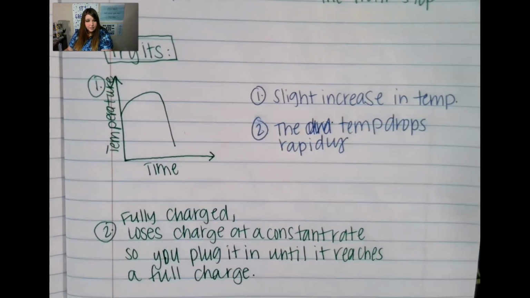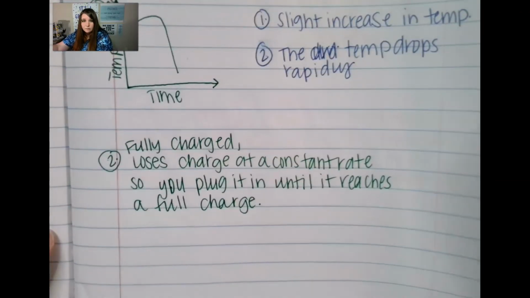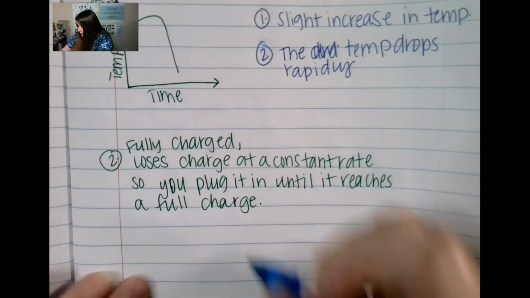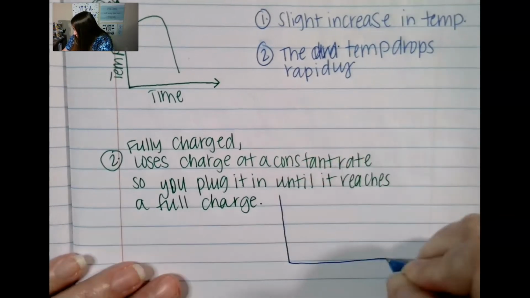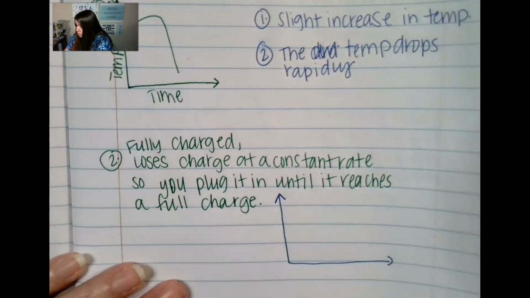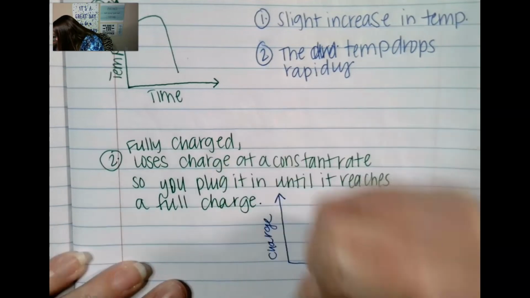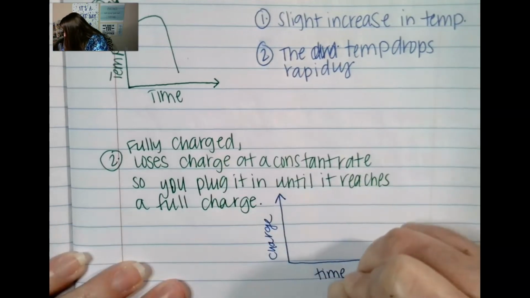Okay, this one here, so let's go ahead and move this up. This example, we have a full charge, and then it's going to lose its charge at a constant rate until you plug it back in. So let's draw our graph. All right, so we have charge over here, and then time here.